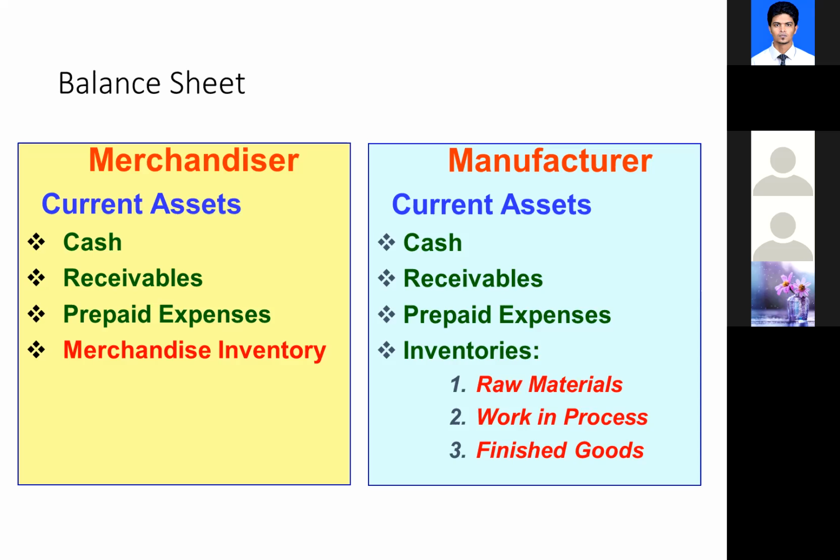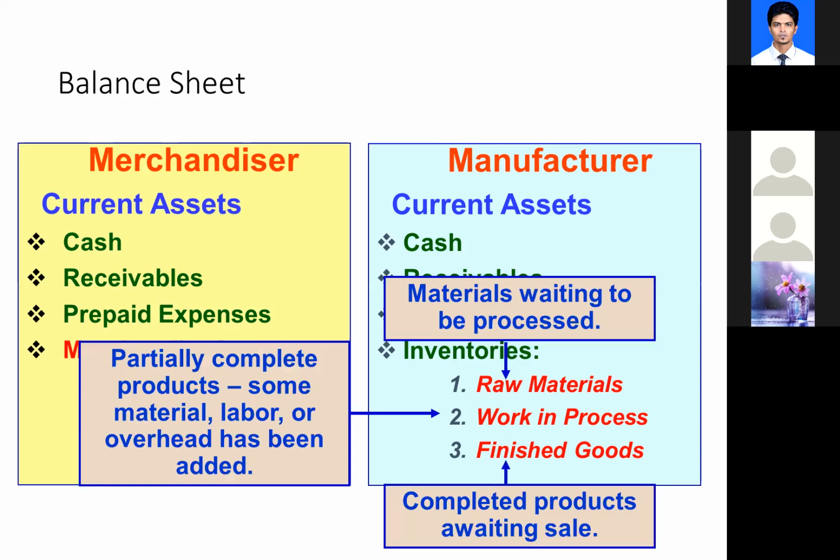In inventories, they are having three main types as listed here: raw materials, work in progress, and finished goods. Raw materials in the sense materials waiting to be processed, finished goods in the sense completed products awaiting sale, and work in progress in the sense partially completed products. So some of the cost has been incurred, but still some need to be incurred.